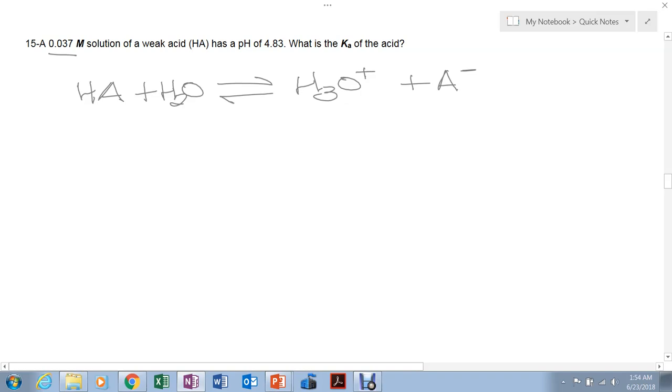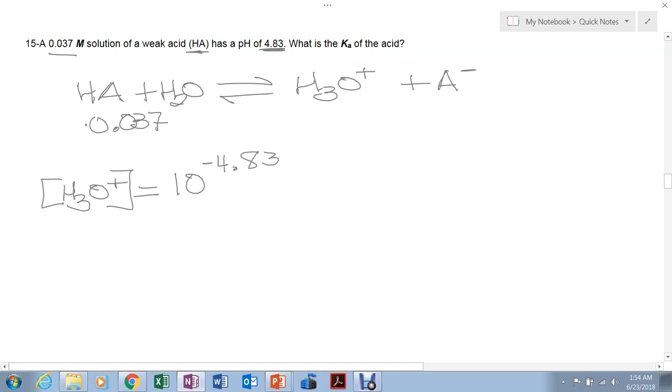So here you go, 0.037. You don't even need the ICE table because the concentration of the weak acid is this one, and they're giving you the pH, and you know that the concentration of H3O plus is equal to 10 to the minus the pH.